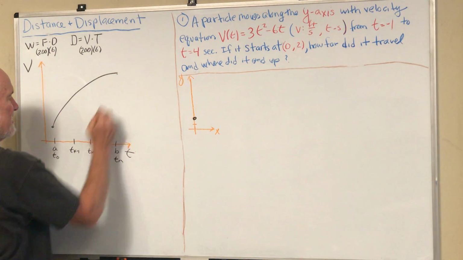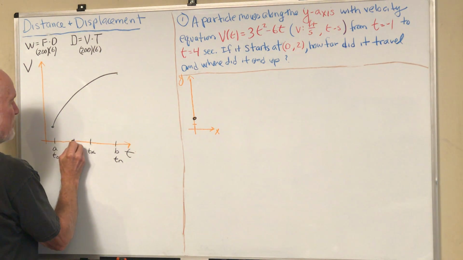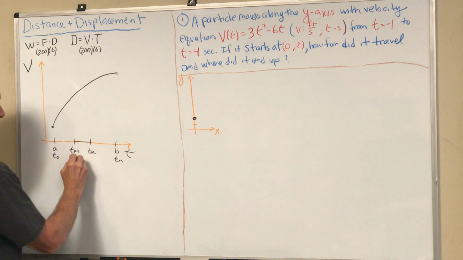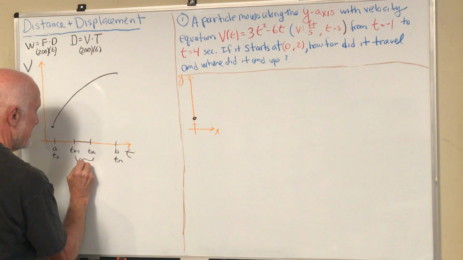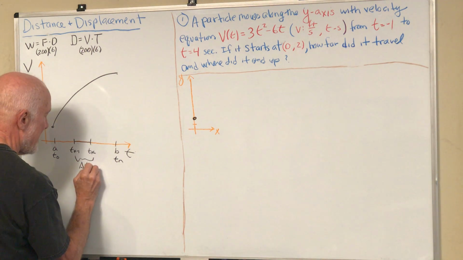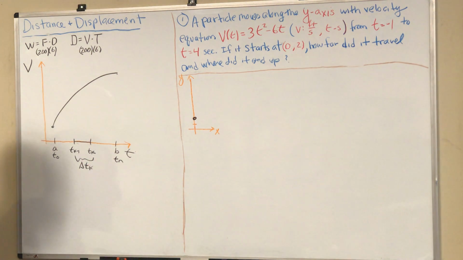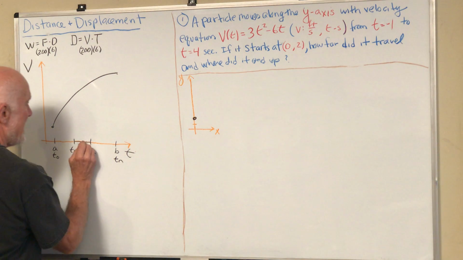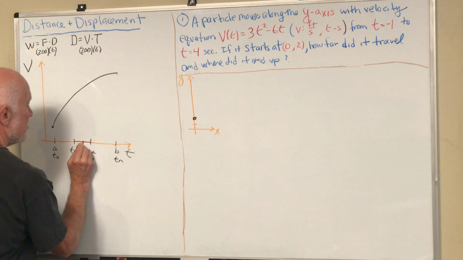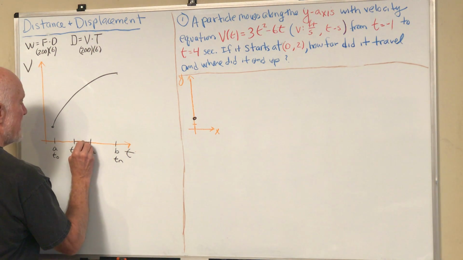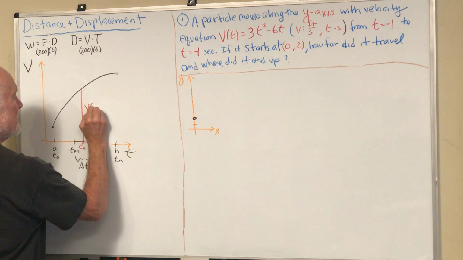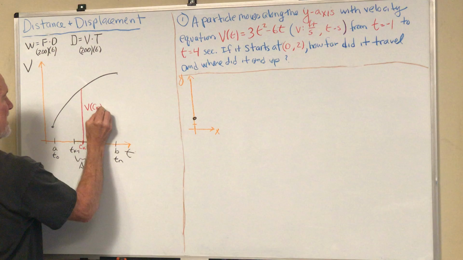And we're going to take this kth interval, and what's the time from t sub k minus 1 to t sub k? We're going to call that delta t sub k instead of delta x sub k when the variable was x. And then we're going to pick some time between these two times and call it time c sub k, and put that into the velocity equation and get v of c sub k.